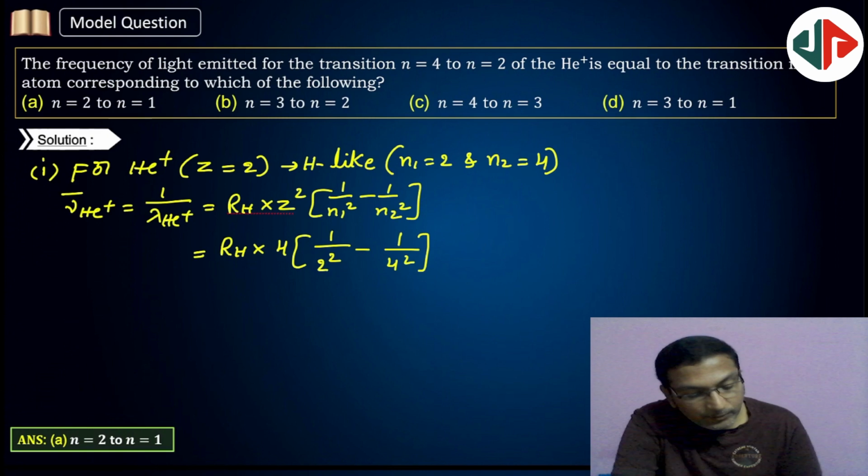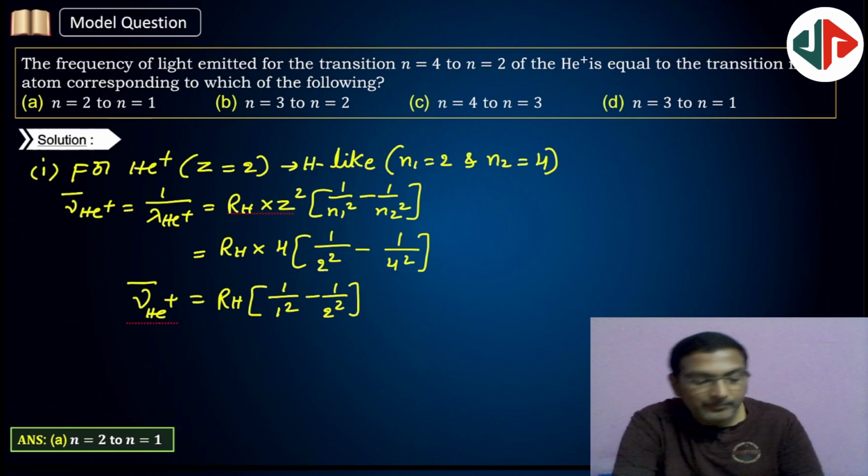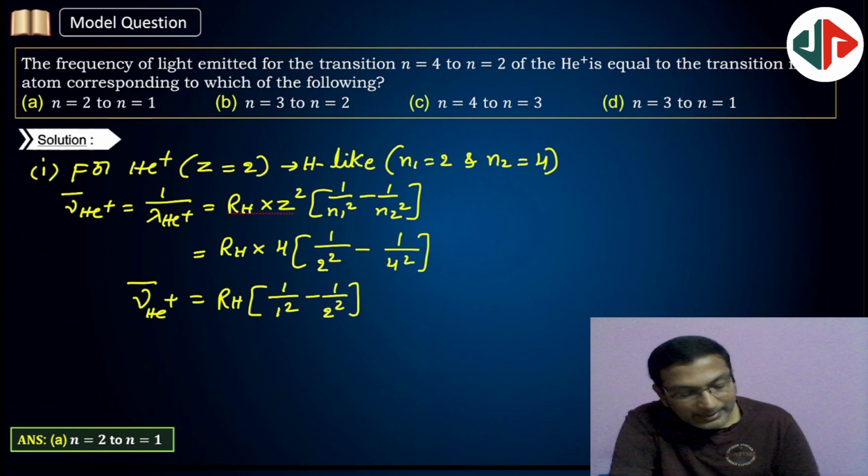So 4 cancels with 4, we'll get nu bar for He plus equal to RH into 1 by 1 square minus 1 by 2 square. So this is expression 1.